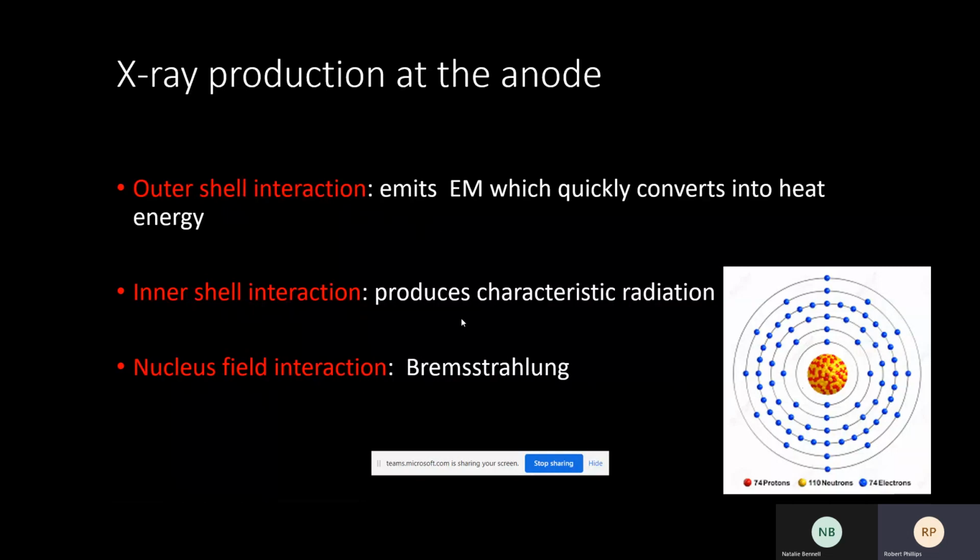And this type of X-ray is used in mammography, only in mammography, not in CT, not in X-ray, not in angiogram, not in fluoroscopy. And nucleus field interaction is called Bremsstrahlung radiation. It's a German word. The literal meaning is braking radiation.